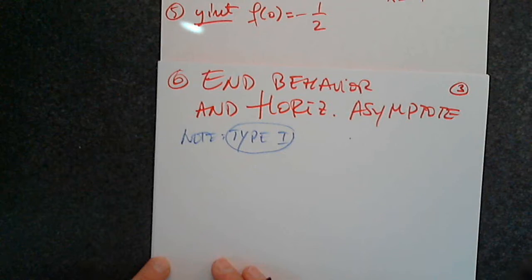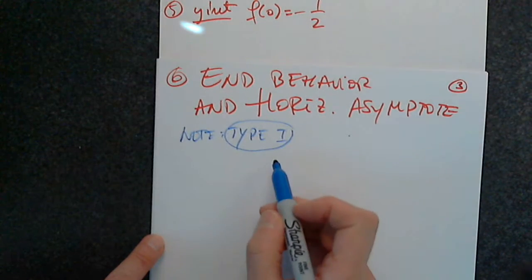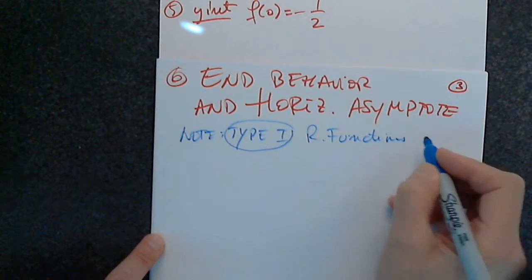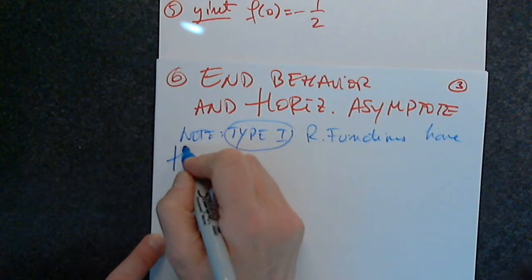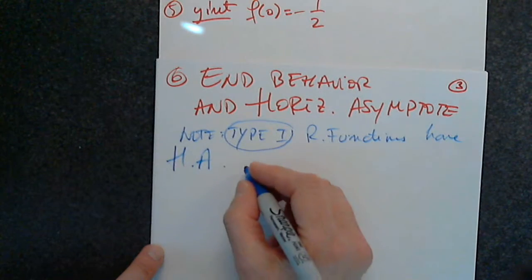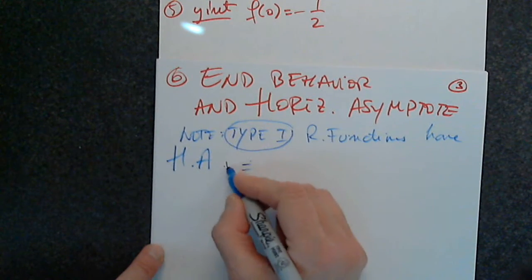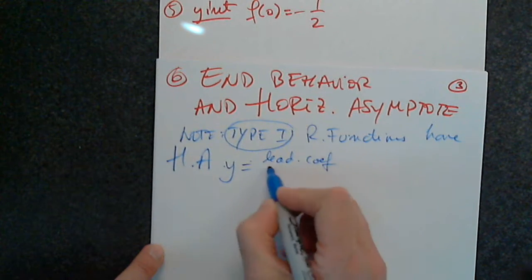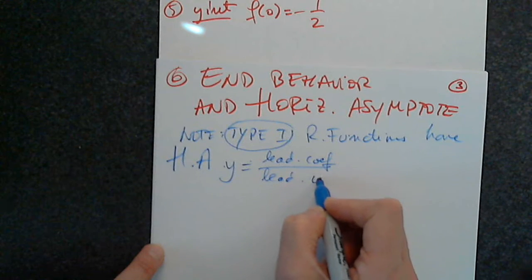We do the same degree over same degree. Excellent. Type 1 rational functions have a horizontal asymptote. That is, y equals leading coefficient over leading coefficient.